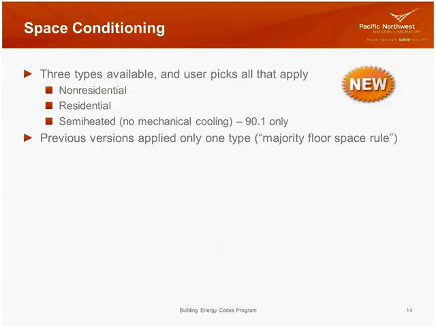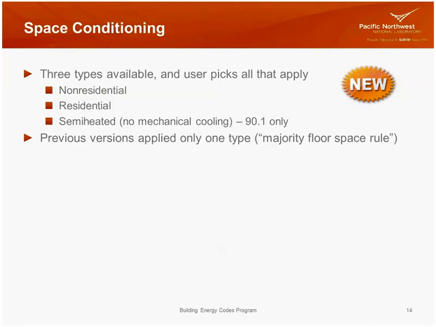Space conditioning. Space conditioning in the project tab means, is this a non-res building? Is this a residential building? And residential means high-rise residential, greater than 3 stories, or a multi-family building that has more than 3 dwelling units. Or is this semi-heated? And when I say semi-heated, I have this here, but this isn't applicable to every code.